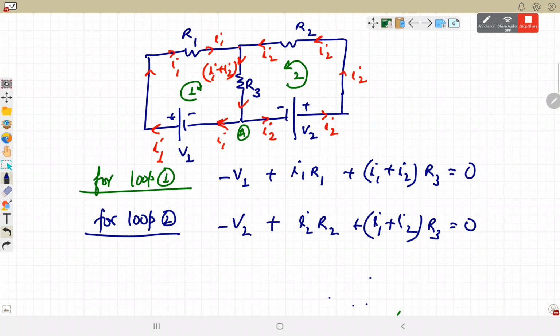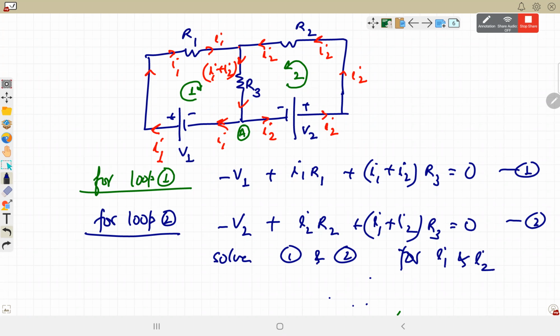There are two equations and two variables. I1 and I2 are two variables. So we can solve these two equations to find the value of I1 and I2. Once we have the value of I1, I2, we got current in each resistor, we got potential difference across each resistor, and that we can calculate with the help of Kirchhoff's law only.